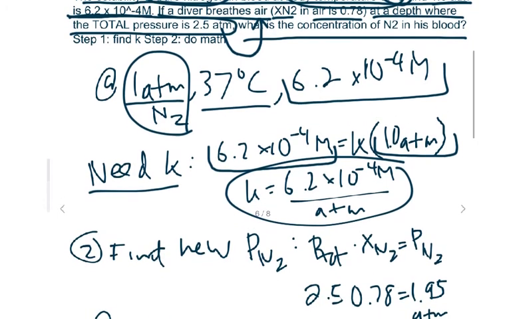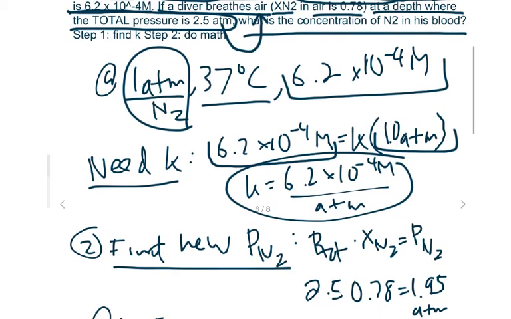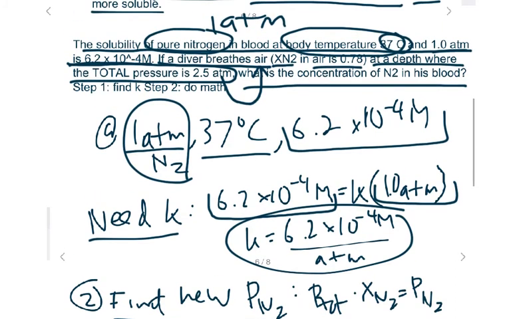Now, part 2 states that we have to find the new pressure of N2 in the new conditions. So we have to find the partial pressure of N2 in our new conditions. We know that the total pressure, or the pressure of the air, since that's considered everything, is going to be 2.5 atm, but the mole fraction of N2 in the air is 0.78.